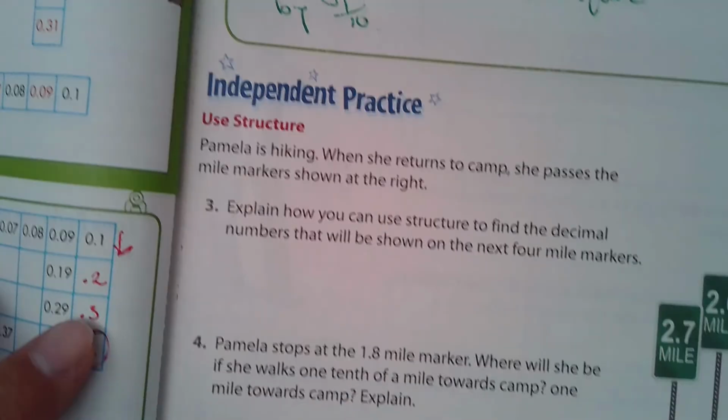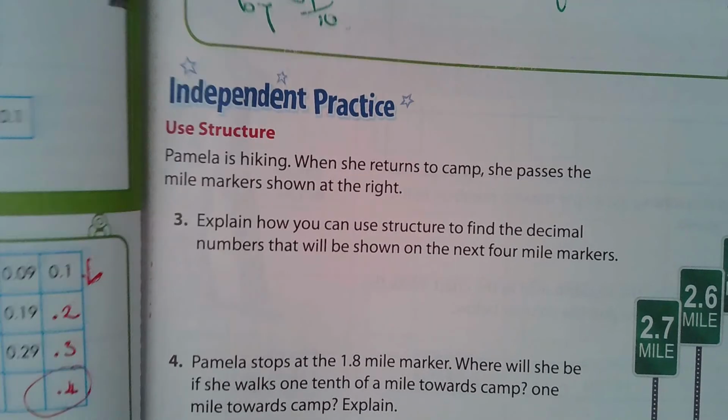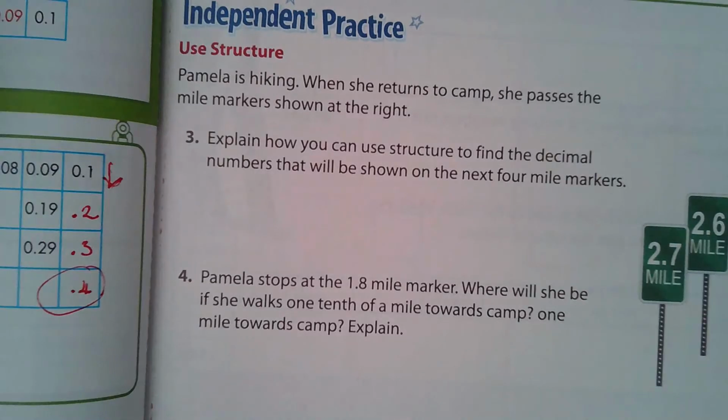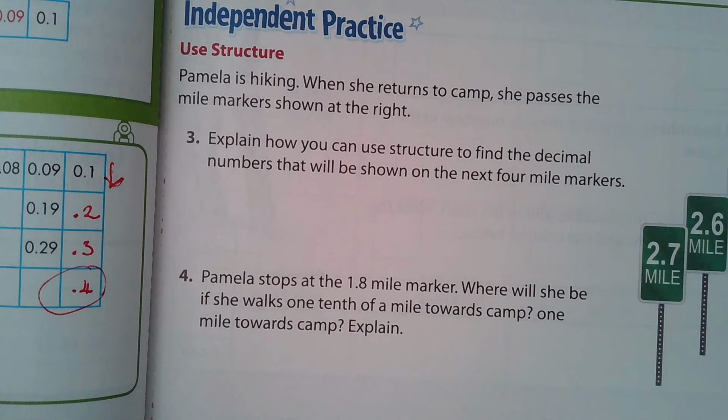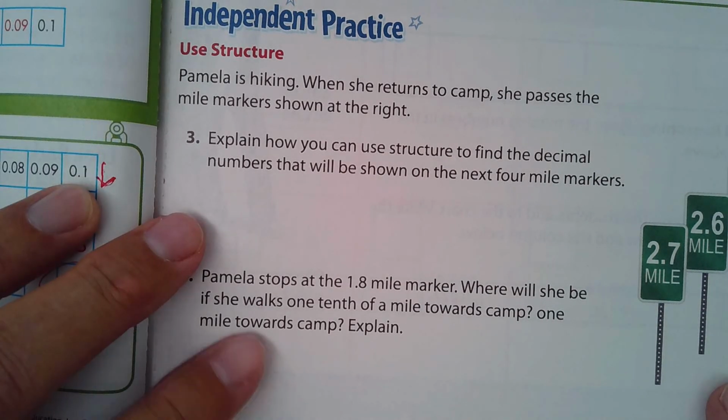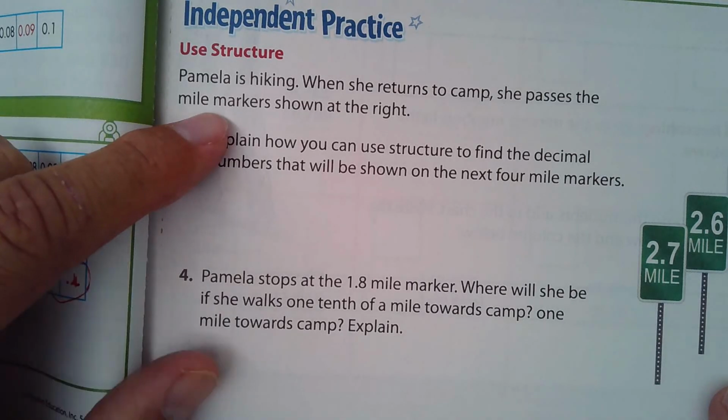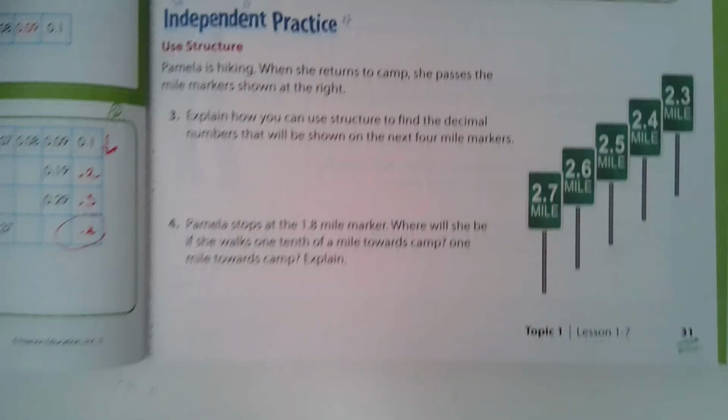Independent practice. So just the bottom of the page here, I want you guys to do, and then we'll be done. It says Pamela is hiking, and when she returns to camp, she passes the mile markers shown at the right. I'm going to zoom out a little bit here.